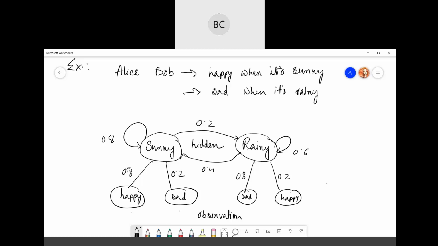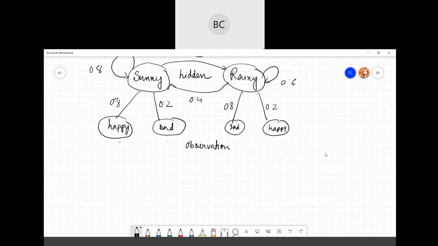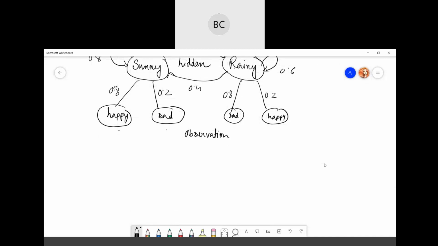So let's say the first day is sunny, then second day sunny, third day sunny, fourth day sunny again, then one day is rainy, second day rainy, then third day maybe rainy, then again it comes sunny, sunny, sunny, and sunny.